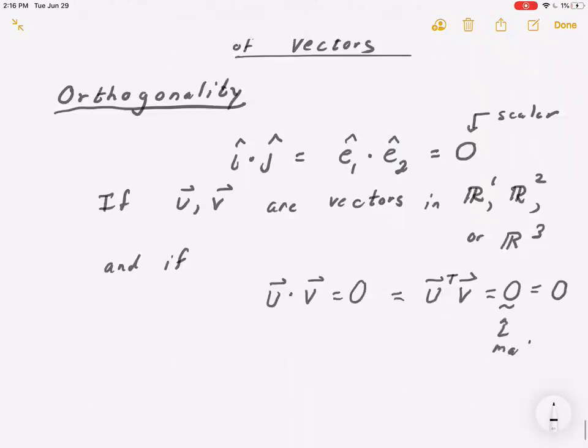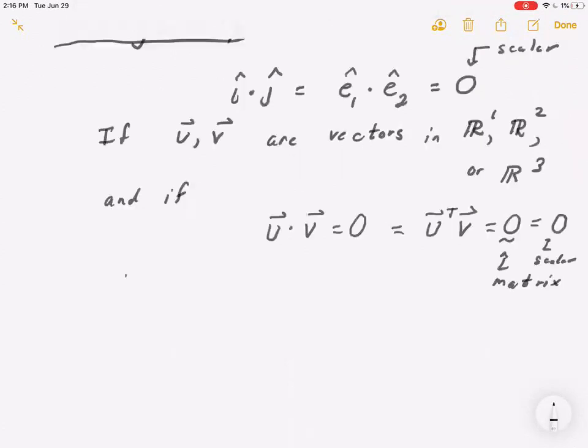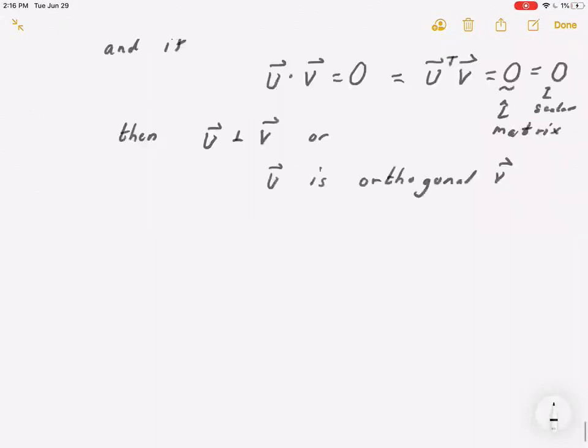So you may say that's nitpicking, but it's an important distinction to make here. So if those two statements are true, then u is said to be perpendicular to v, or u is orthogonal to v.